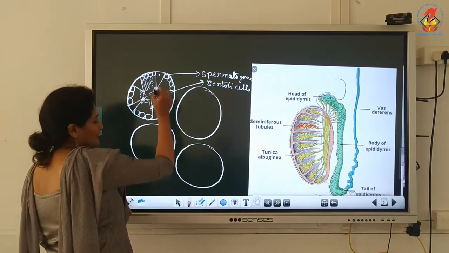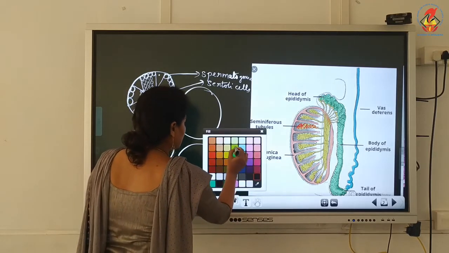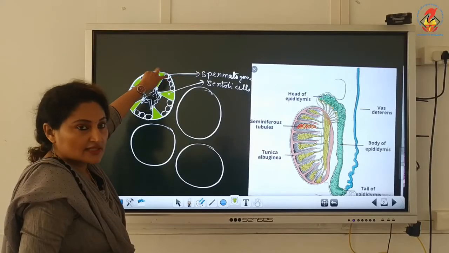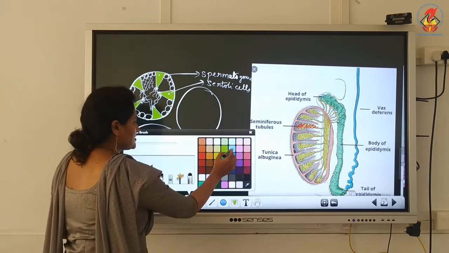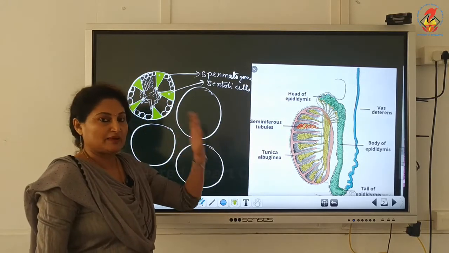One type of cell is pyramid shaped. I'll highlight it with another color, pyramid shaped. And the other, between the adjacent pyramid shaped Sertoli cells, are the spermatogonia. And we have learned the role of spermatogonia. Spermatogonia gives rise to sperms, as we have learned in spermatogenesis.